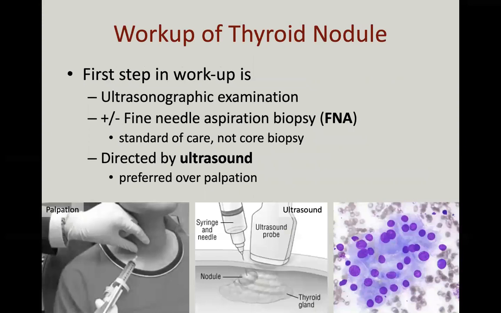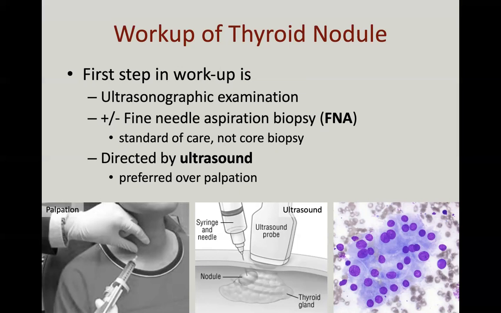The first step once a nodule is identified is dedicated ultrasonographic examination to determine the sonographic features of the nodule and the need for fine needle aspiration biopsy. So FNA is the standard of care, not a core. Some institutions still do core biopsy, but any of you who will rotate on the consult service for head and neck will see that these core biopsies are very challenging to interpret, and FNA is certainly better.